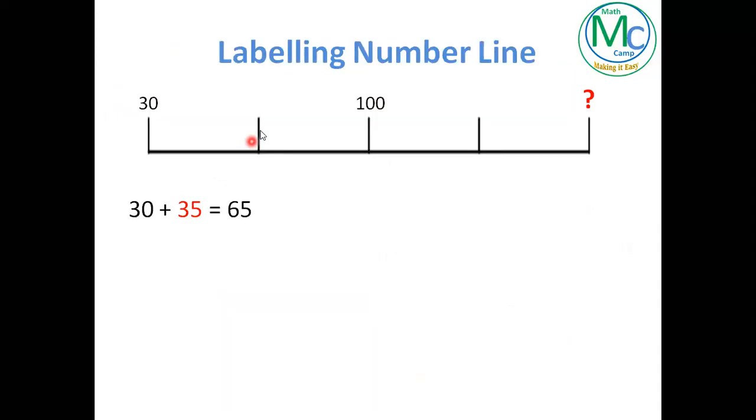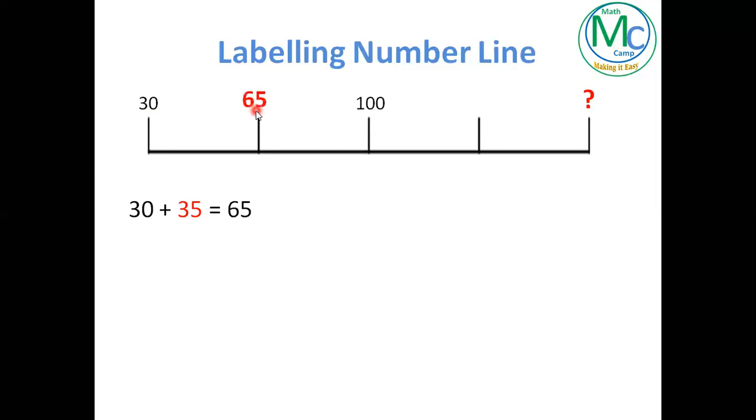Now we are going to find all the values of this number line, and we know that one jump is of value 35. To find out this number, we are going to add 35 to this number. 30 plus 35 is 65.